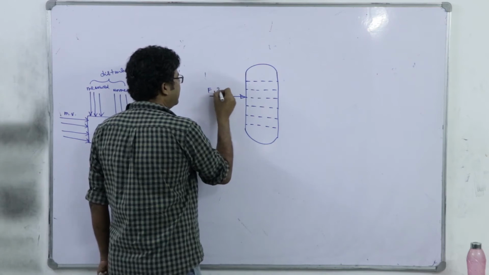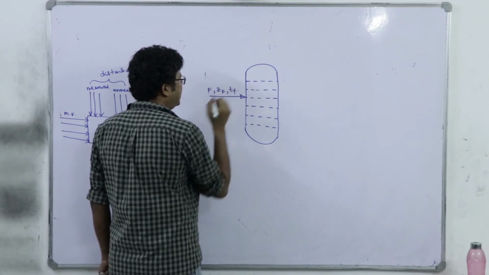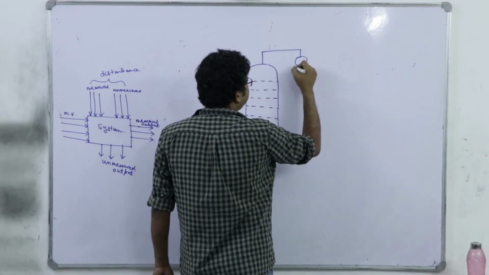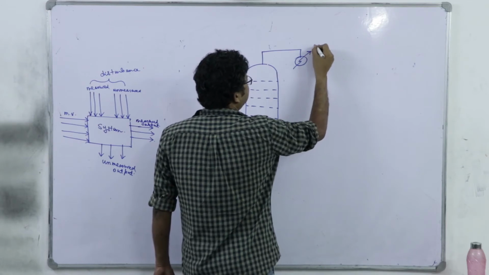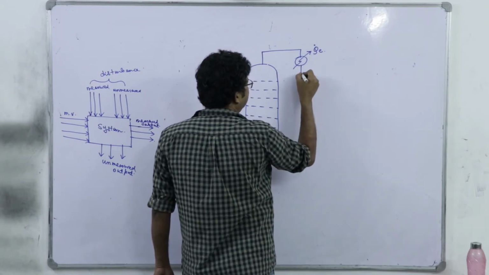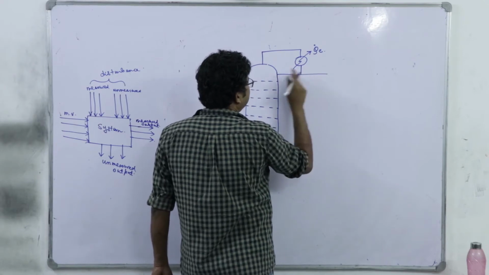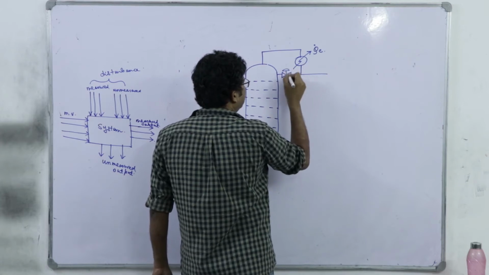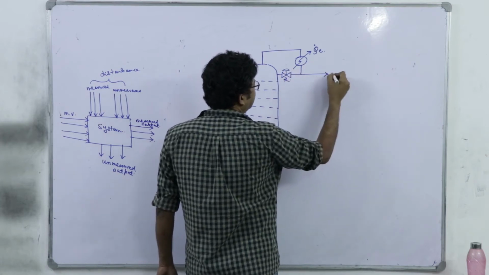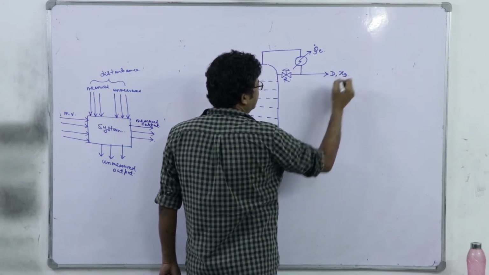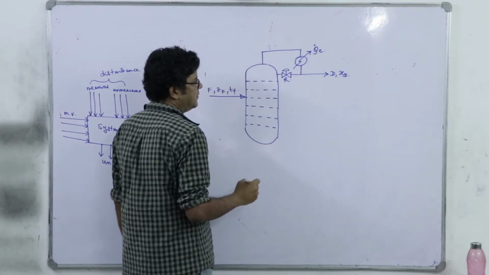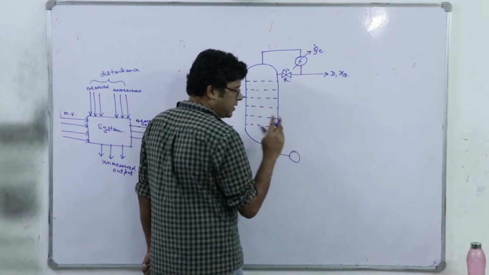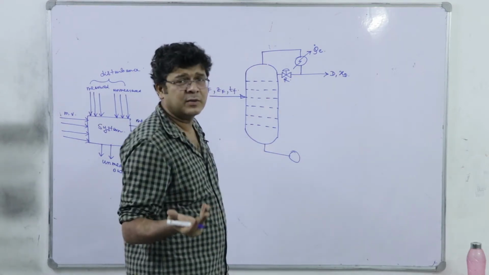So it is F, ZF, TF, temperature, and we are using a total condenser. Here the heat removed in the condenser is Q dot C, and we have a reflux valve. The reflux ratio R is being changed. The distillate composition is XD. The distillate flow rate is D. The bottom product, let's say it's not important, we don't want hexane as a product.